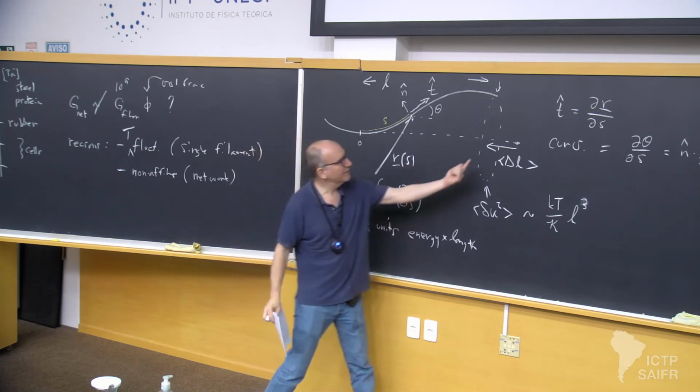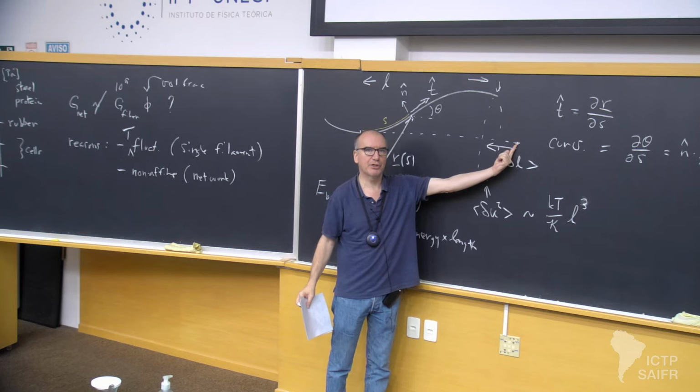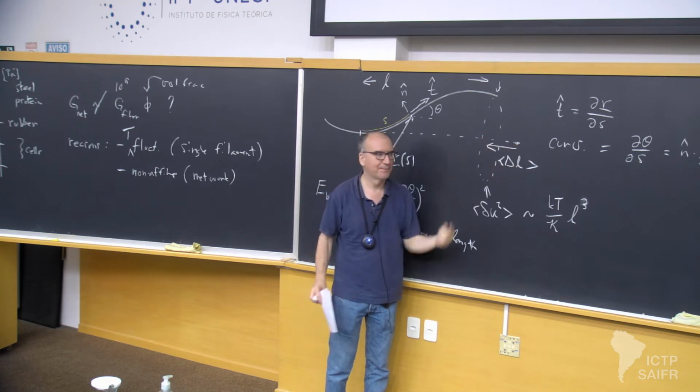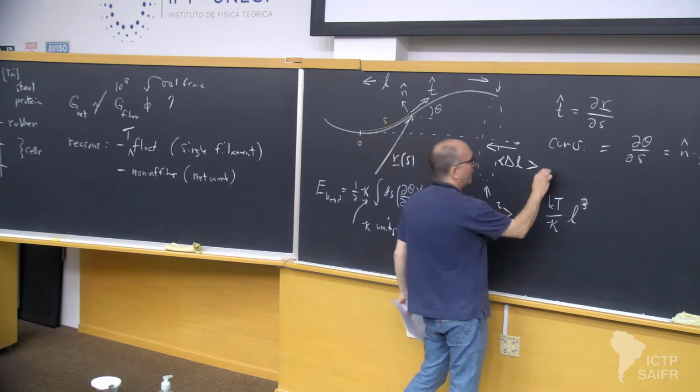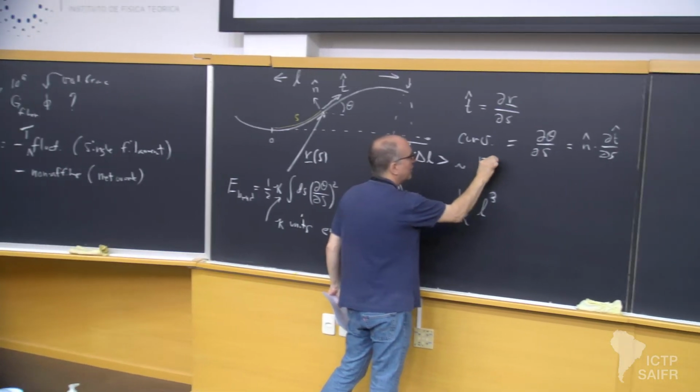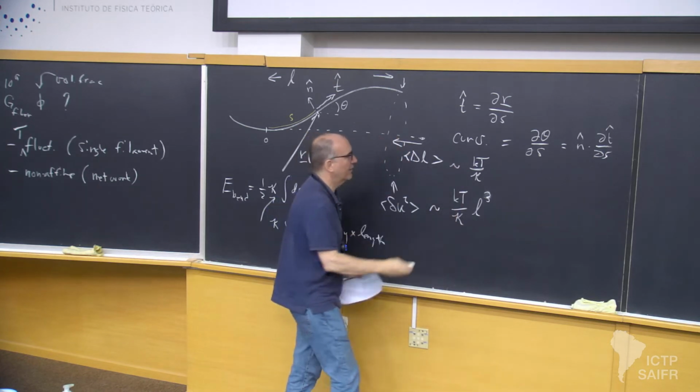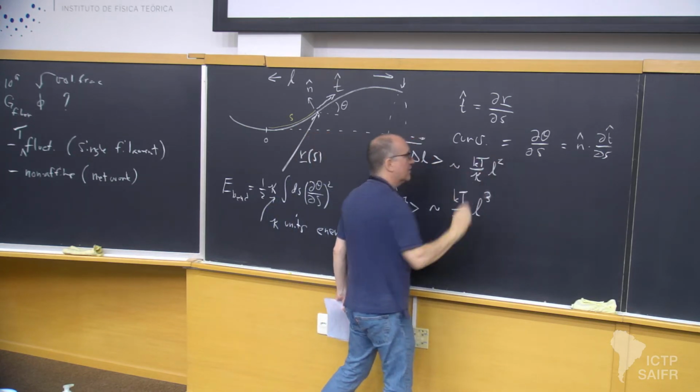So I'm basically asking the question, when I turn on temperature, how much does this cloud of endpoints shift to the left? Well, that's also thermal in origin, should be suppressed by bending. It's a length, so it should go like L squared.